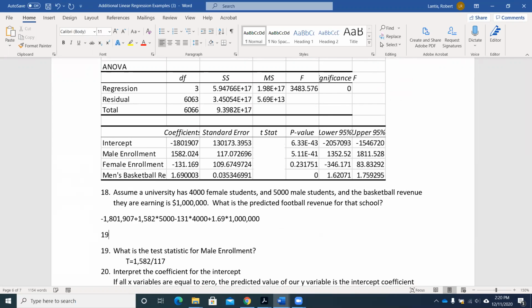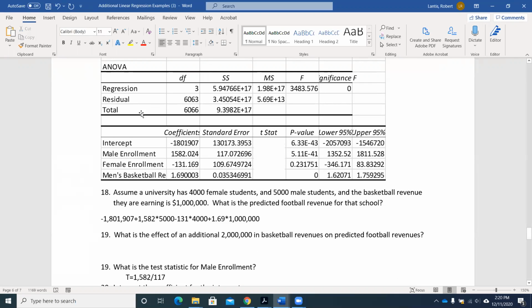Another one I could ask is, what is the effect of an additional $2 million in basketball revenues on predicted football revenues?